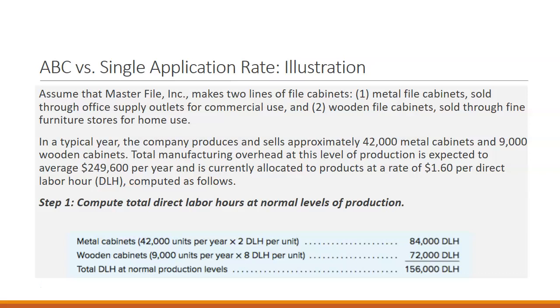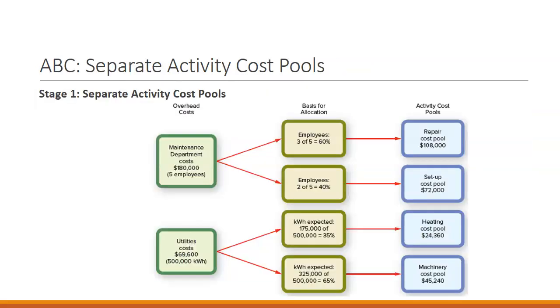Our total direct labor hours are 156,000 hours. If you take $249,600 in overhead divided by our activity base of 156,000 direct labor hours, you get $1.60 per direct labor hour. So our rate is $1.60 per hour.